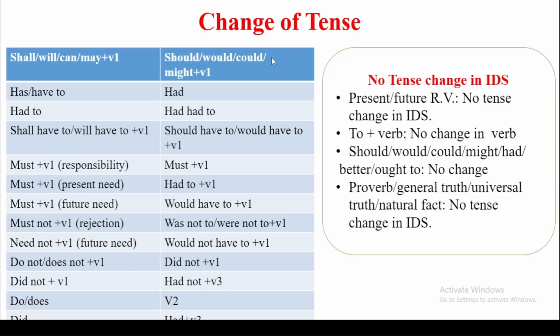The table represents the most necessary changes of tense while changing a direct speech into indirect speech. So you have to remember this, like has to, have to is changed into had to. So you have to remember this table.